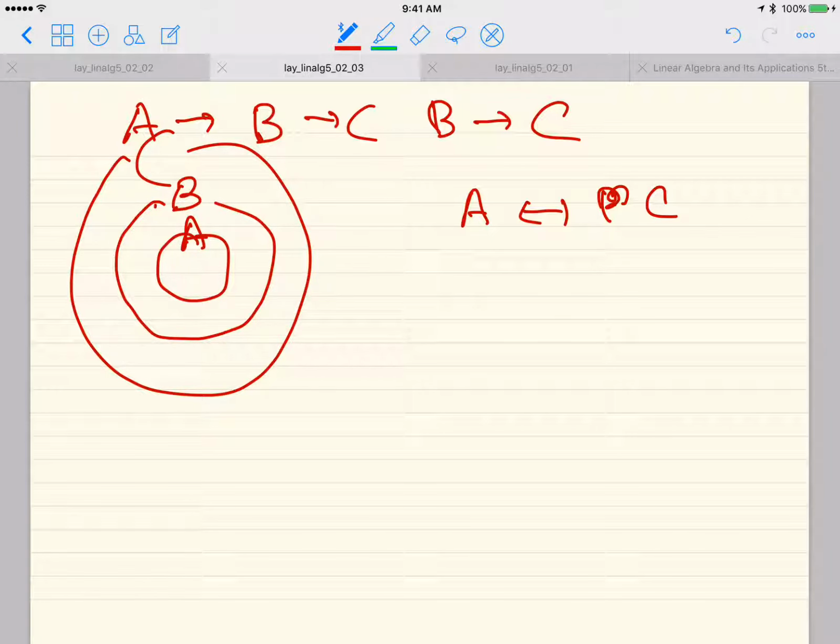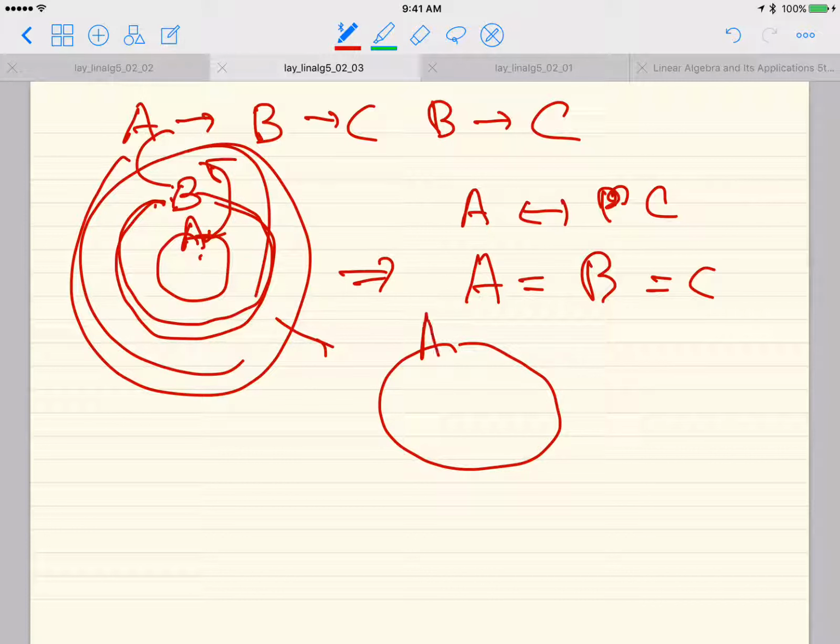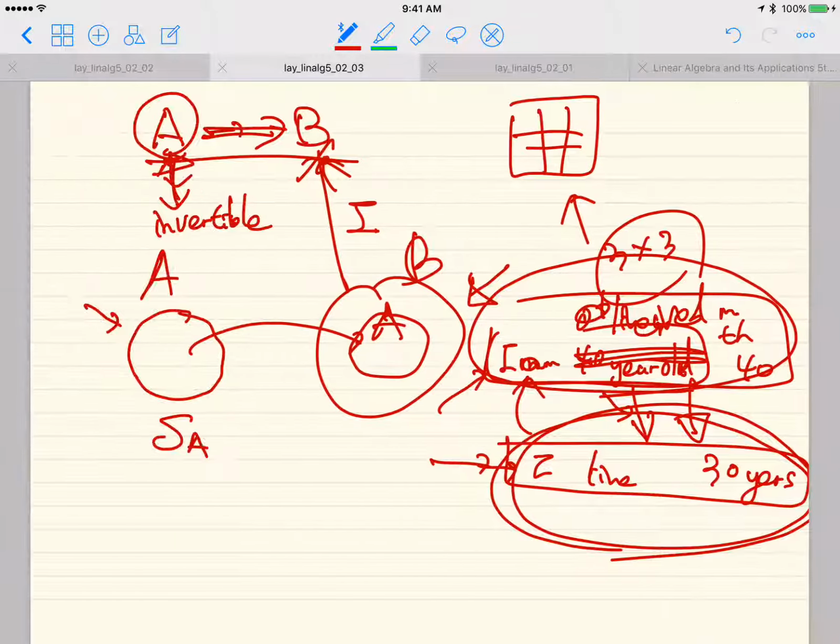So in that case, B should include A, but B should be included in C. But someone says A and C are exactly the same thing, and then our conclusion is that A, B, and C are all just the same set. Okay. So this is the main trick.